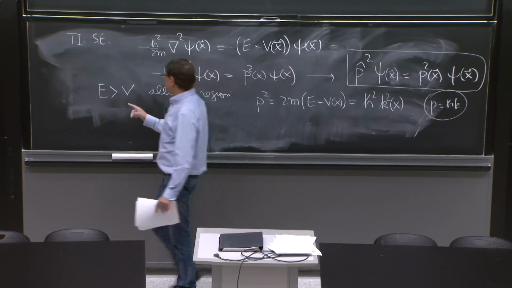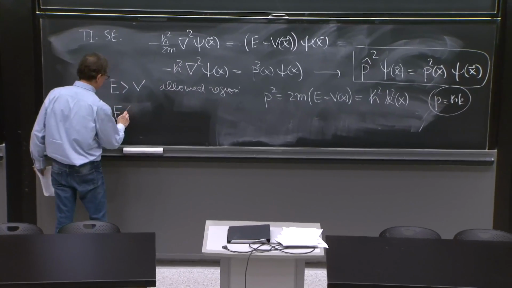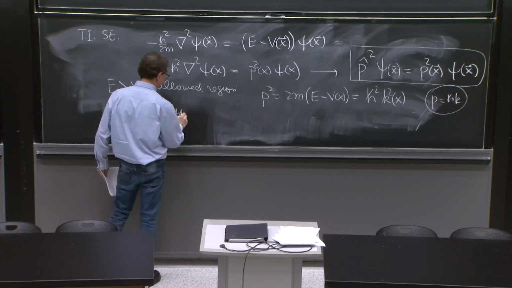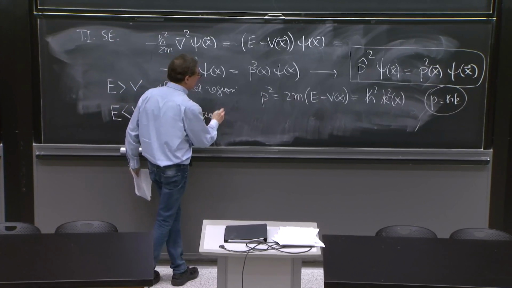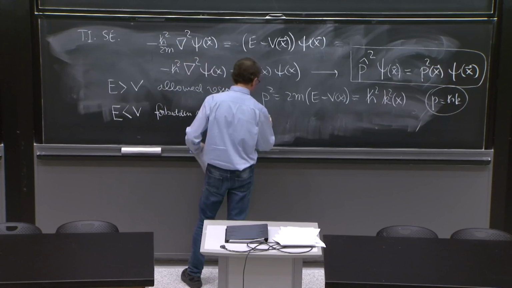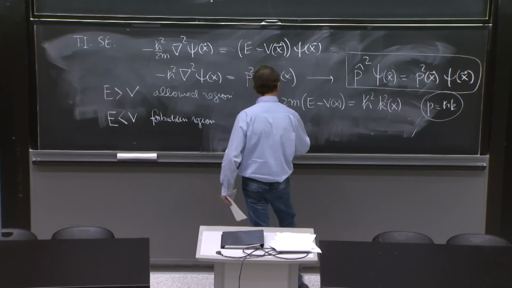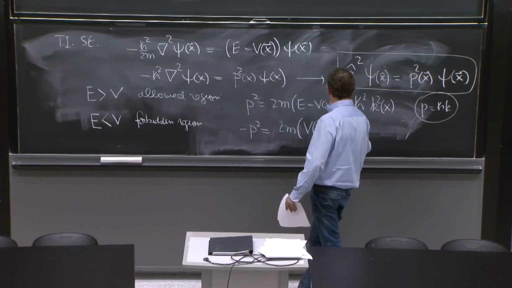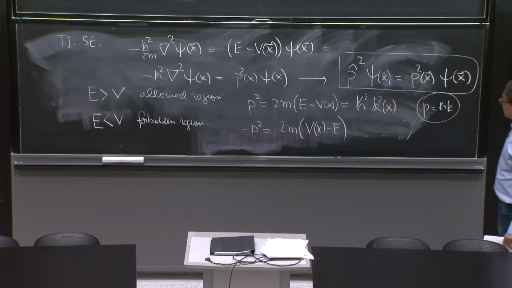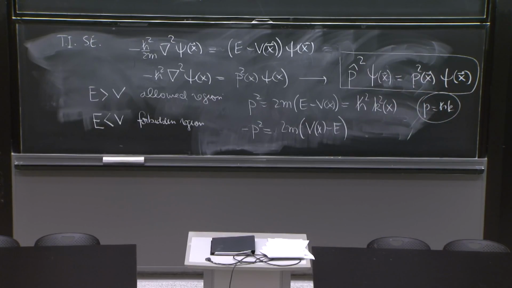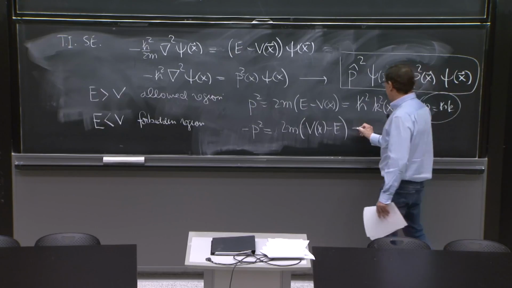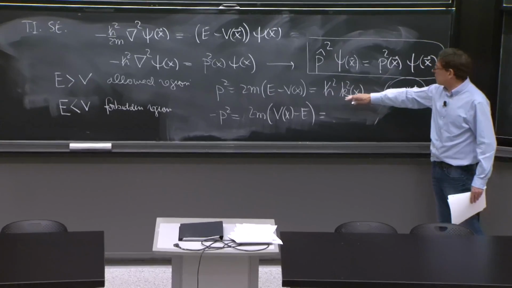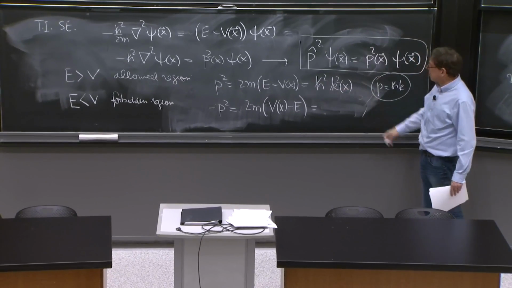And if you're in the forbidden region, in which energy is less than V, then minus p squared is positive, is 2m V minus E. That is positive this time because V is greater than E. And that we always used to call the penetration constant, the kappa, for wave functions that decay exponentially.